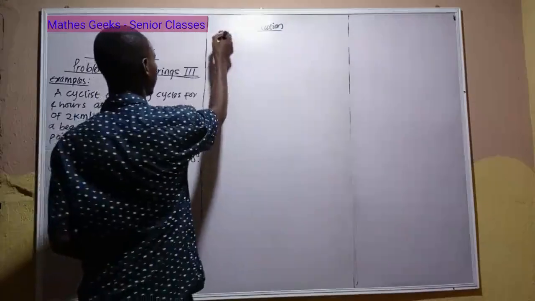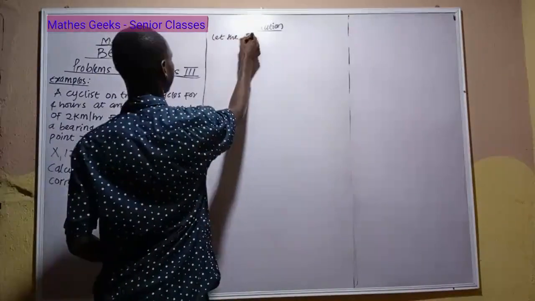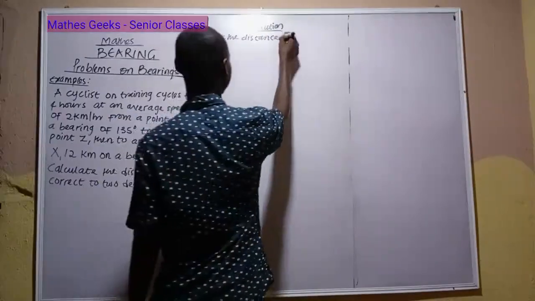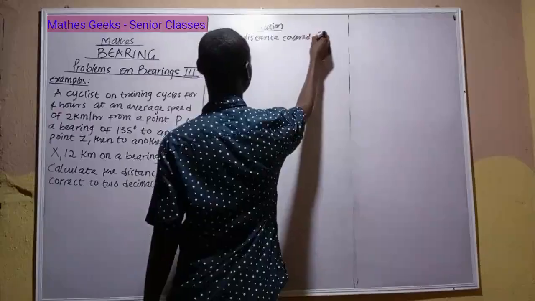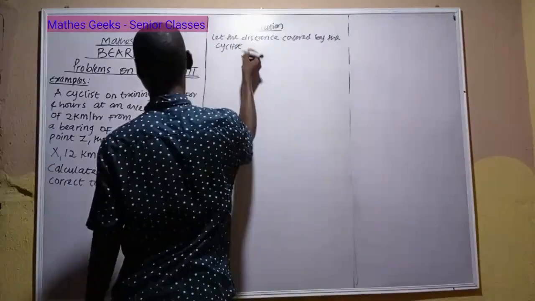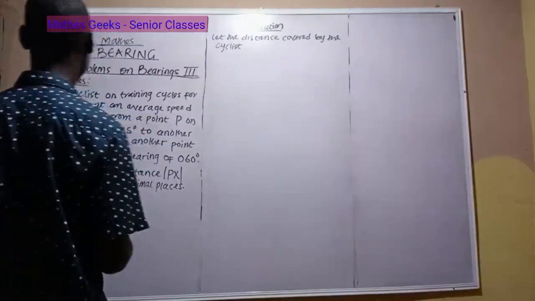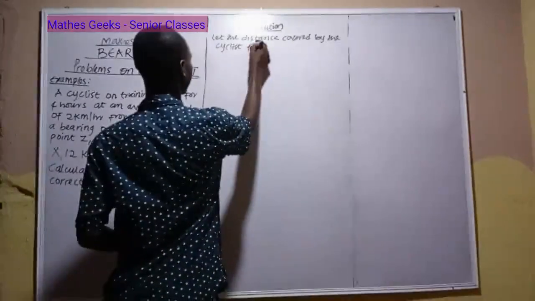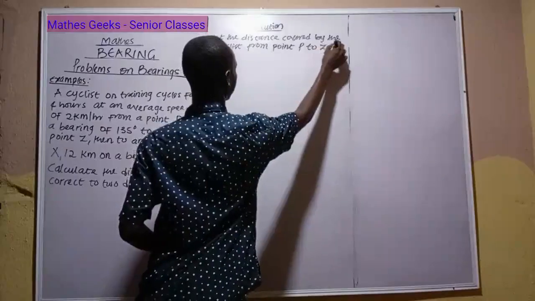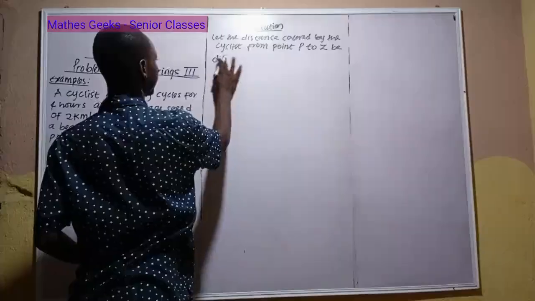So solution, this is the distance covered by the cyclist from point P to Z.